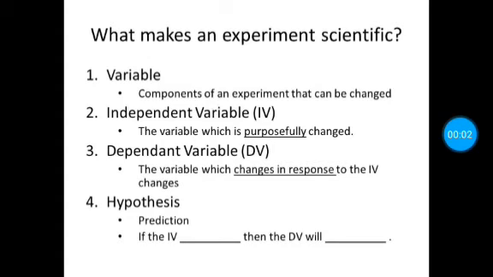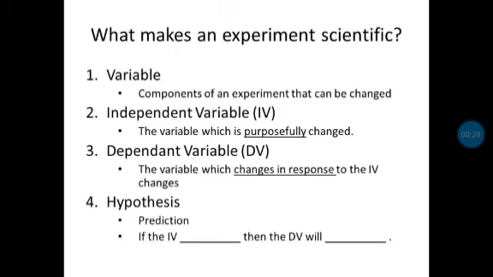The second point we raise here is what makes an experiment scientific. That is, one, the variable. Variables are those that vary in our experiment and that can be changed when one entity changes, and or that cannot be changed when some entity changes.